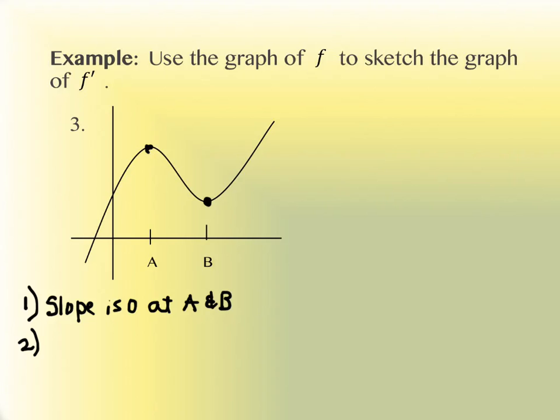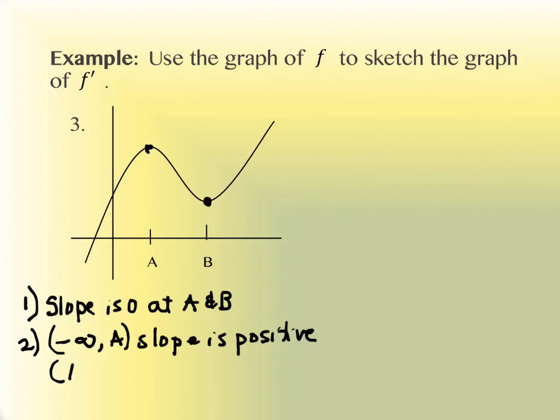So we're writing statements about slope, not about the graph increasing or decreasing. Don't use the words increase, decrease; that will not be helpful to you, okay? We're going to use the words positive and negative referring to the slope. So from negative infinity to A, the slope is positive.